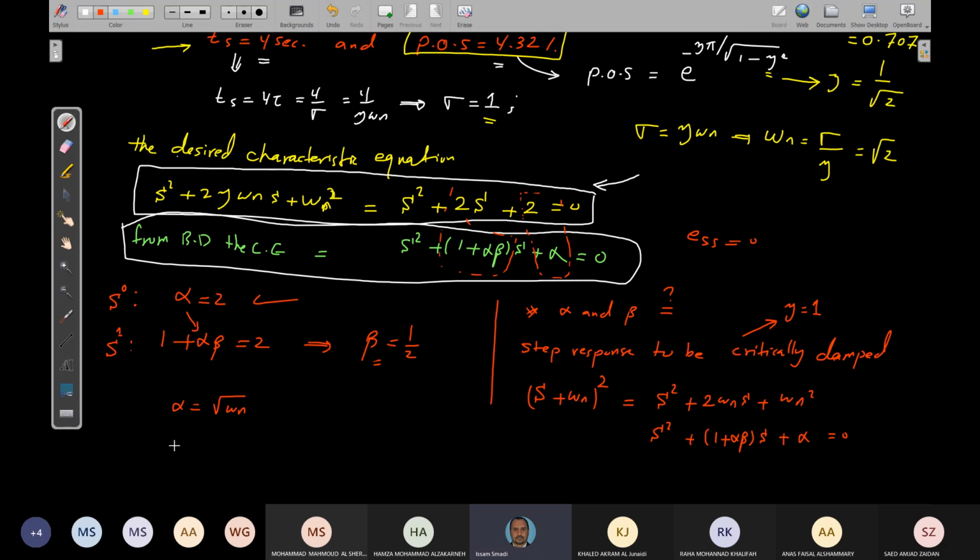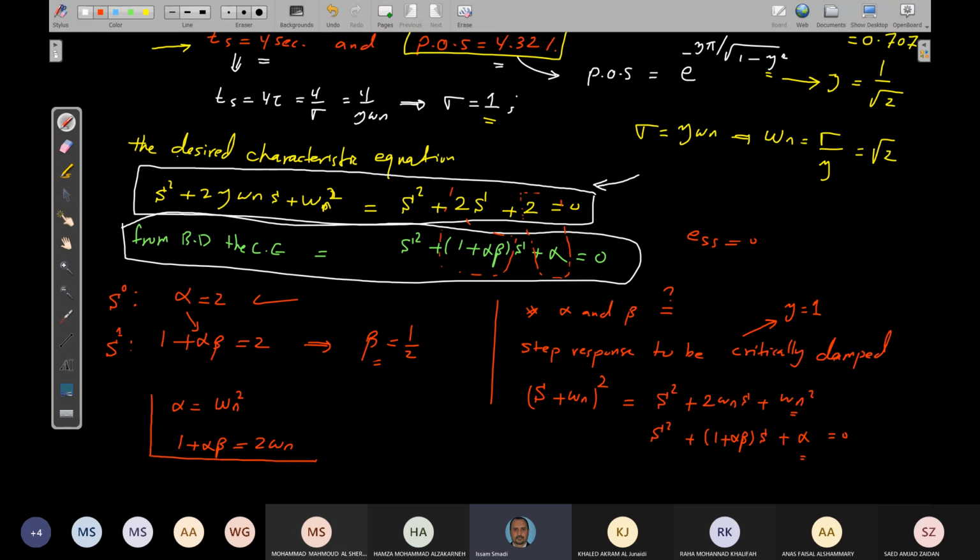And from there, I can get 1 plus alpha beta is equal to 2 omega n. Yeah, you are right. Alpha is equal to omega n squared. If I compare this one.